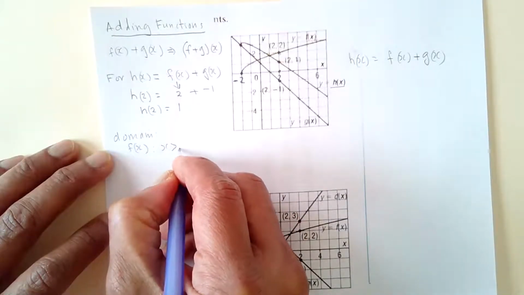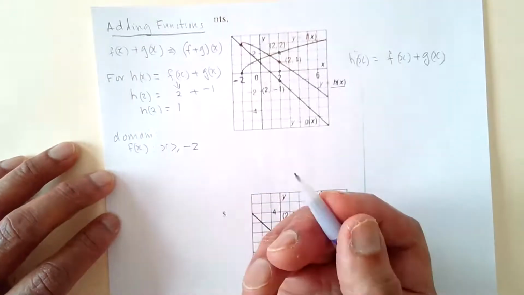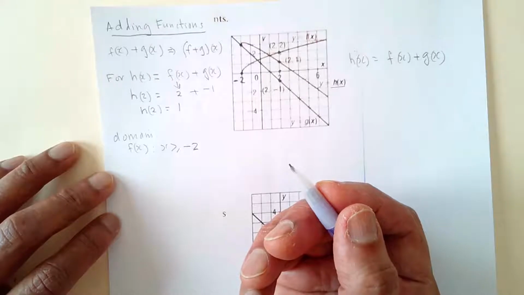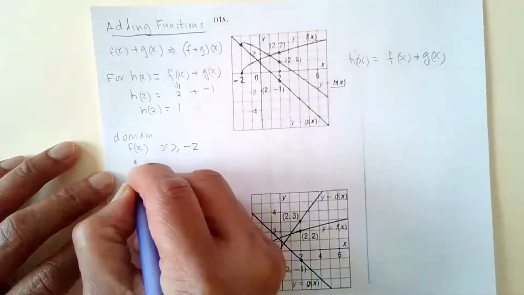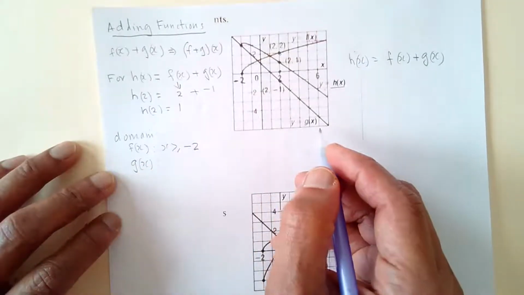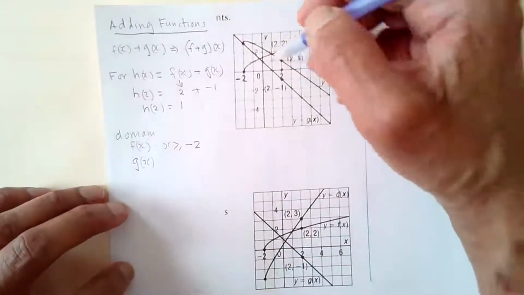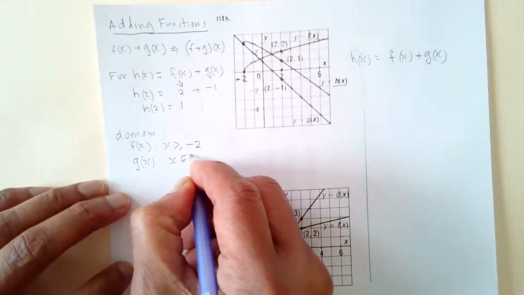For g of x, the domain is, since it is a straight line, the set of real numbers.